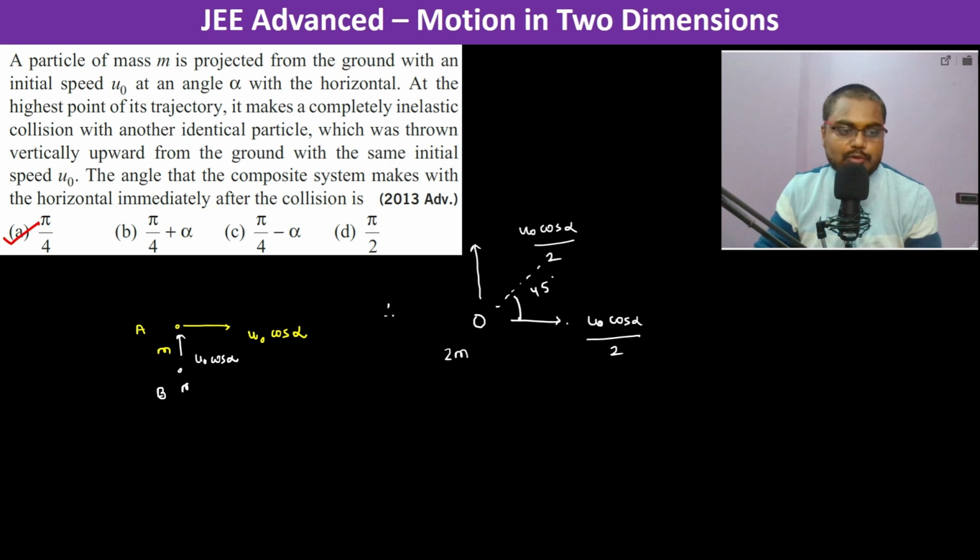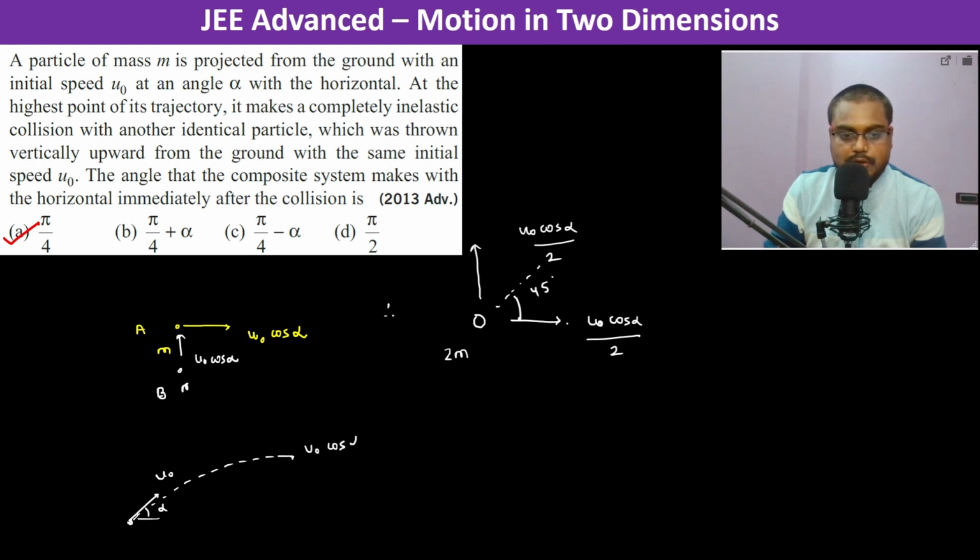Now, one common mistake which students may make: they consider that A is going with u naught at an angle alpha, so here it's u naught cos alpha. The time taken for it to reach here is 2u sin theta by g divided by 2, so u naught sin alpha by g.